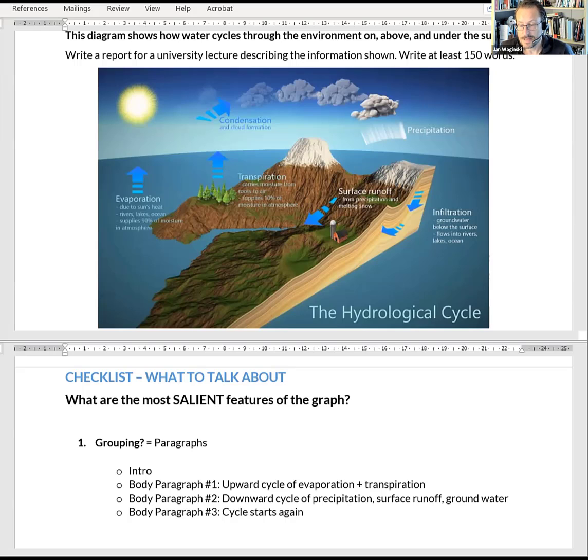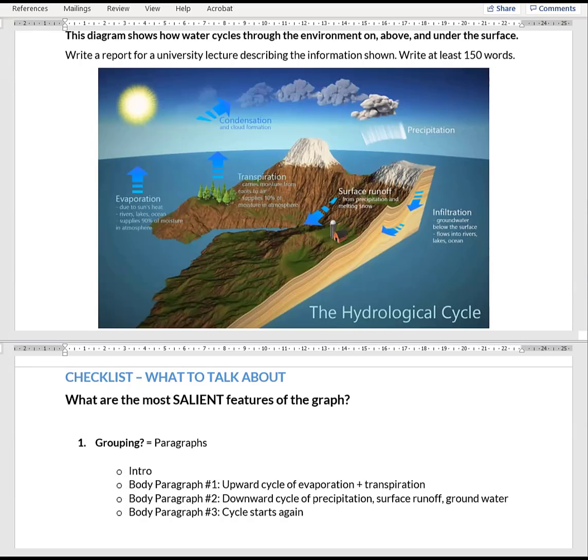What happens after the rain? Infiltration? Yeah, that's part of it. You can use the language that's there. So I guess it's infiltration.